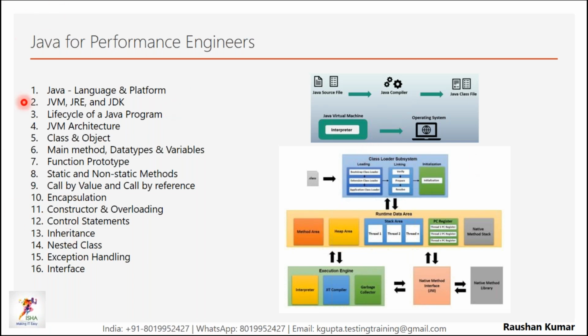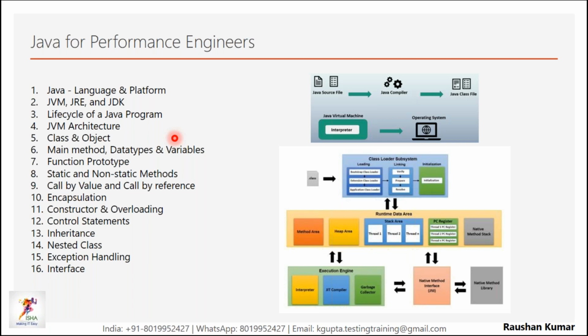So we'll talk about this coding here, everything from scratch, because most performance issues are at the Java code level. Either you do a heap dump, or you take a thread dump, or you look at any dump.